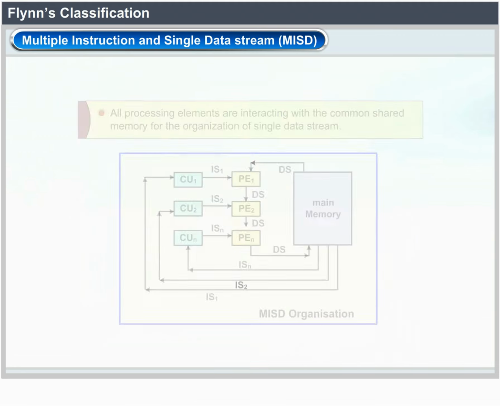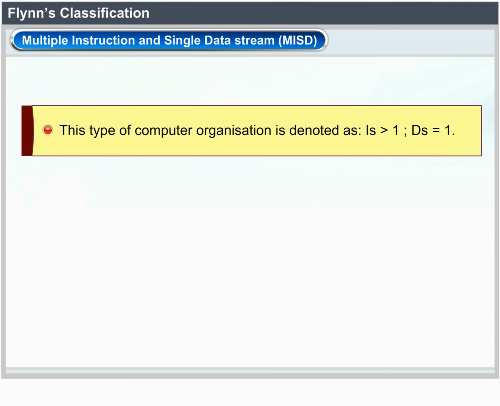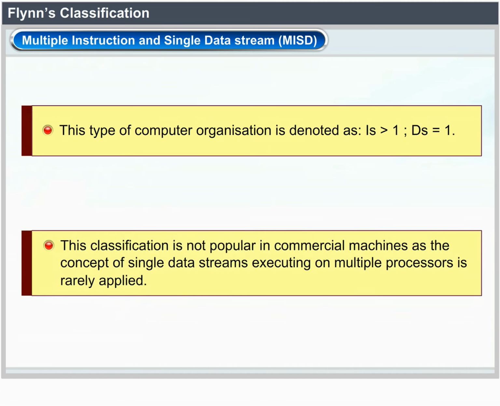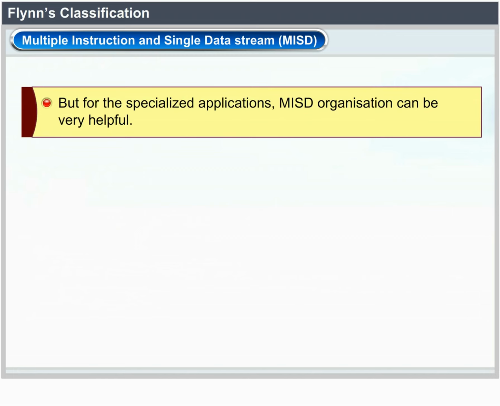This type of computer organization is denoted as IS greater than 1 and DS equals 1. This classification is not popular in commercial machines as the concept of single data streams executing on multiple processors is rarely applied. But for specialized applications, MISD organization can be very helpful.